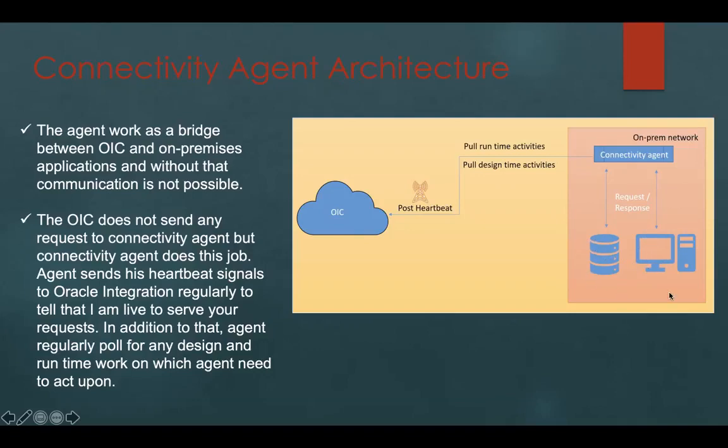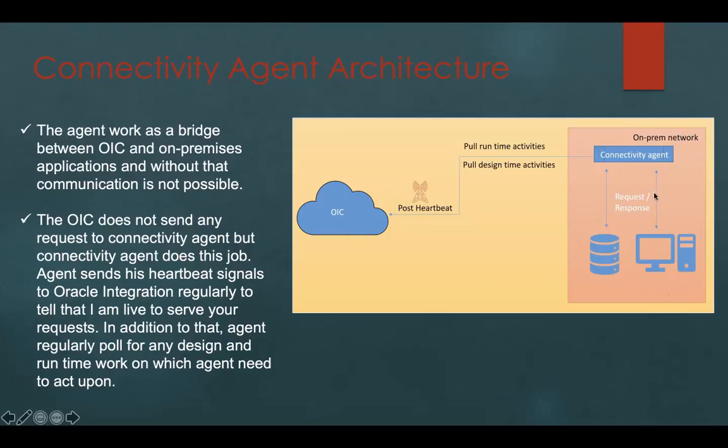So you might have 100 applications in the same network, and a single connectivity agent can connect to all applications. It can be a database, a REST API, an EBS system, an Ariba system. And the OIC will be able to use that connectivity agent in order to communicate with n number of applications in the same network.